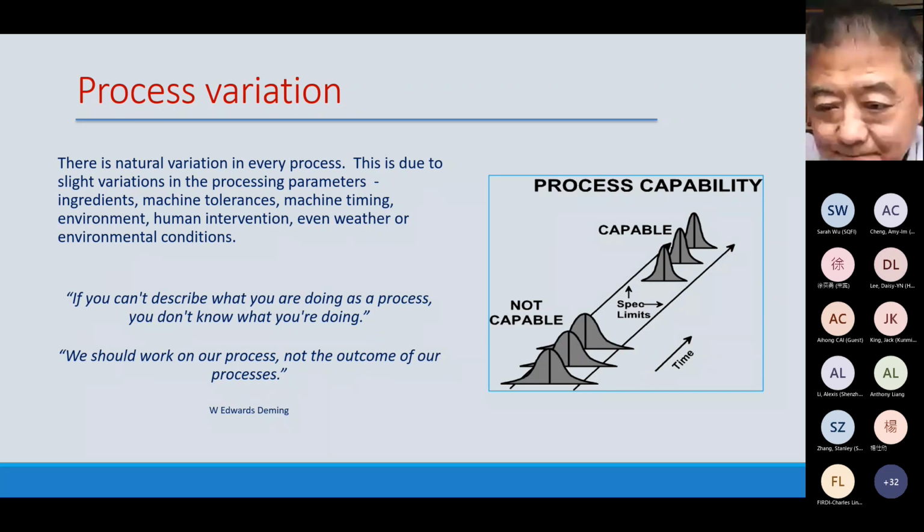And it shows there, if a process is not capable of meeting the specification limits, then there is wastage. If it is capable and it stays within the specification limits, then the process is not going to create wastage and will be much more consistent in its approach. So that's very simplified, but that's the reality.